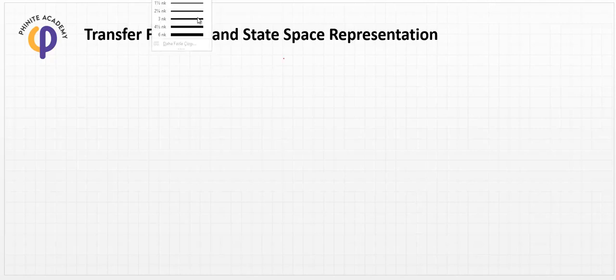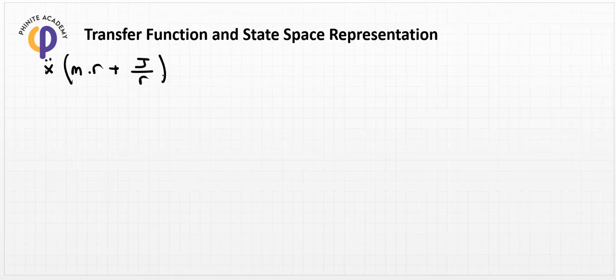We have x dot dot times (m r plus j) divided by r equal to the torque T_L.